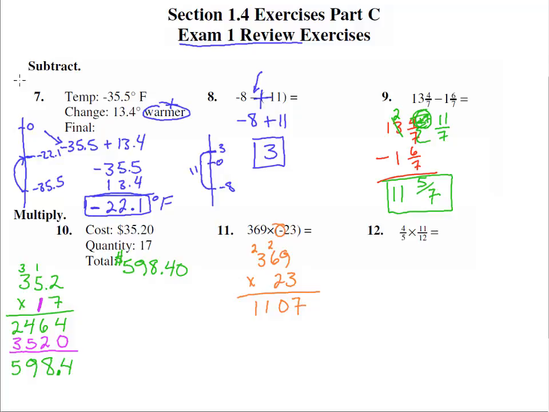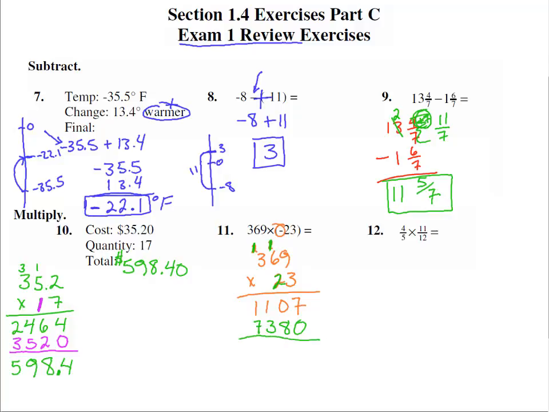Let's use a different color for that second row. Put it right there. There we go. Put a 0 down there. 2 times 9 is 18. Carry a 1. 2 times 6 is 12, plus 1 is 13. Carry the 1. 2 times 3 is 6, plus 1 is 7.